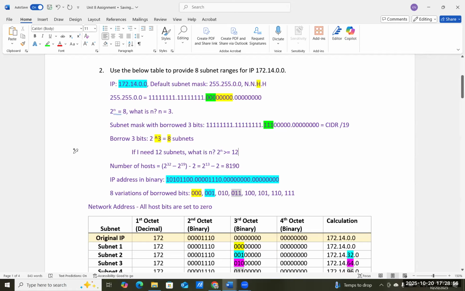So you ask yourself, what is n? So I have 2 times 2 times 2, that's already 8. Times another 2, I have 16, right? So 2 to the 4th power gives me 16, and 16 is bigger than 12, so I'm good.